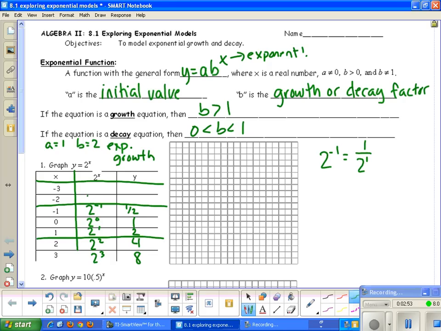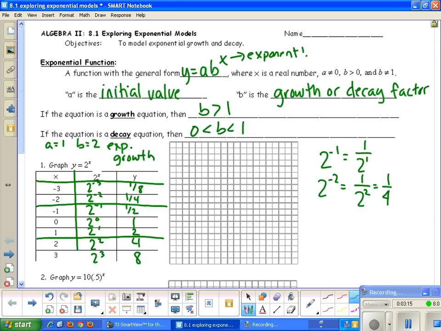The next one, 2 to the negative 2 power, is the same thing as 1 over 2 squared, which is really equal to 1/4. And the next one would be 2 to the negative 3, so 2 to the third power is 8, so we really have 1 over 8, and keep going.